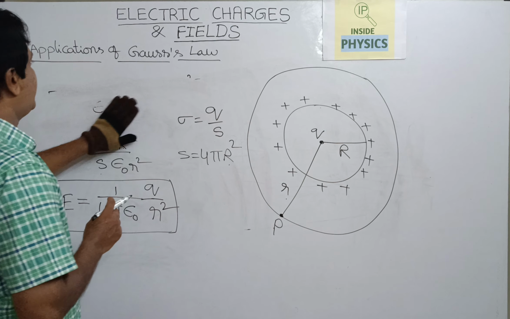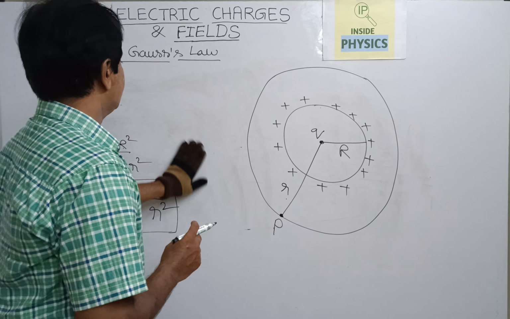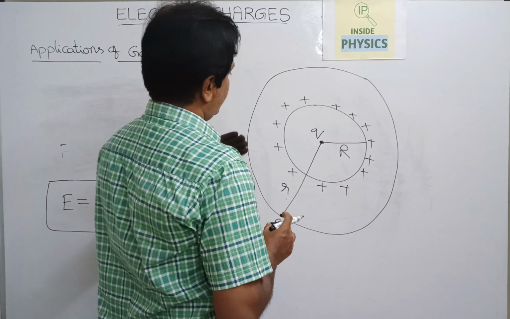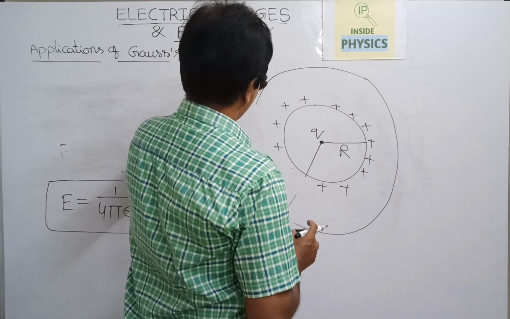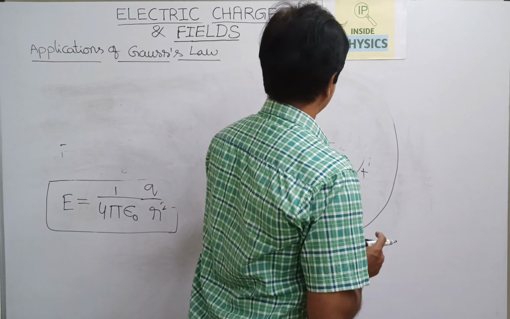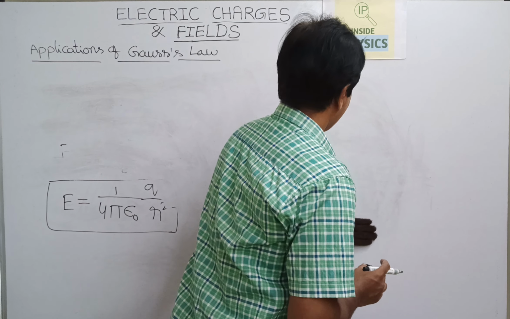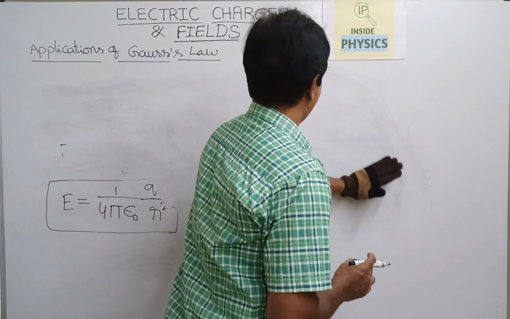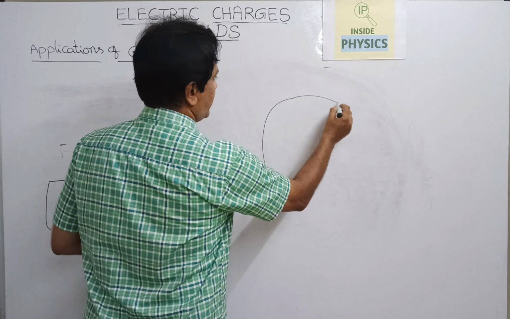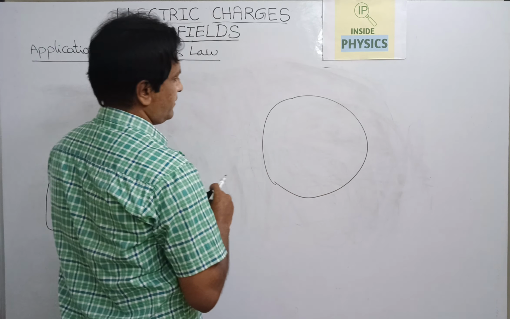What about an inside point? If you consider again this, we will redraw the diagram again. What is about the inside point? A point which is inside the charged sphere.